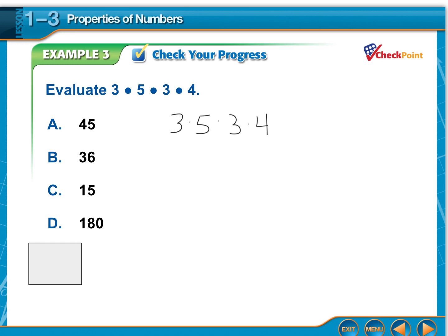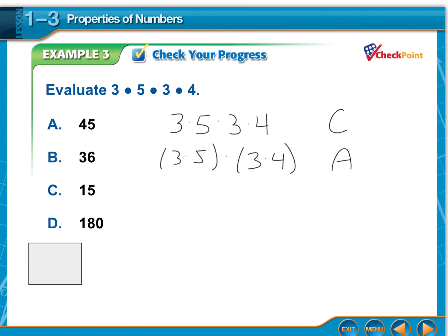Commutative, because there is no parentheses anywhere and it's all multiplication, so we can do any one. Okay? Give me a way I can group those. How can we make this associative property? 3 times 5 and 3 times 4. That makes it what property? Associative property.